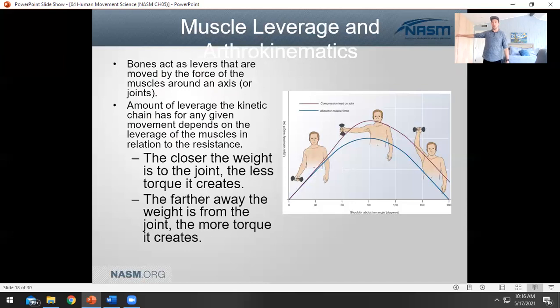All I've got to do is bring the weight closer to the joint that I'm moving. So if, instead of holding that dumbbell in my hand, I duct tape it to my elbow and then do lateral raises, that's going to feel a lot lighter, because now the weight is closer to the joint that I'm moving.